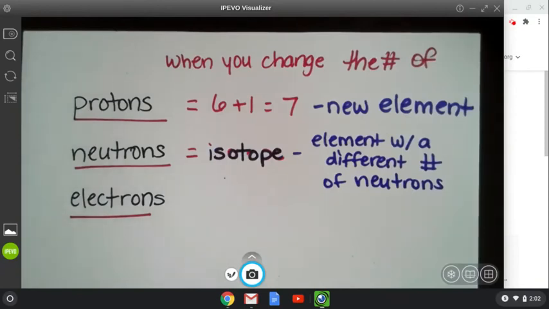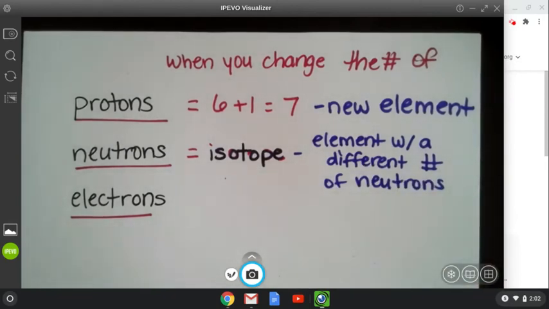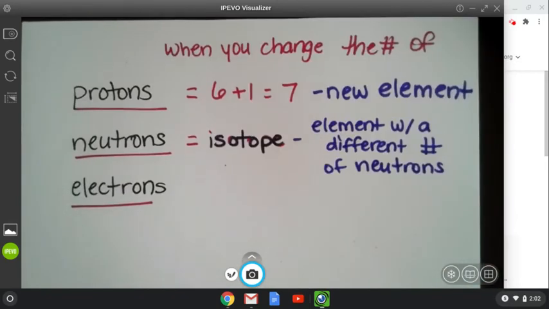Isotopes, a lot of the times, are used in radiometric dating. Carbon-14 is the most common one, and I will end this little section with talking about carbon-14 in a little more detail.